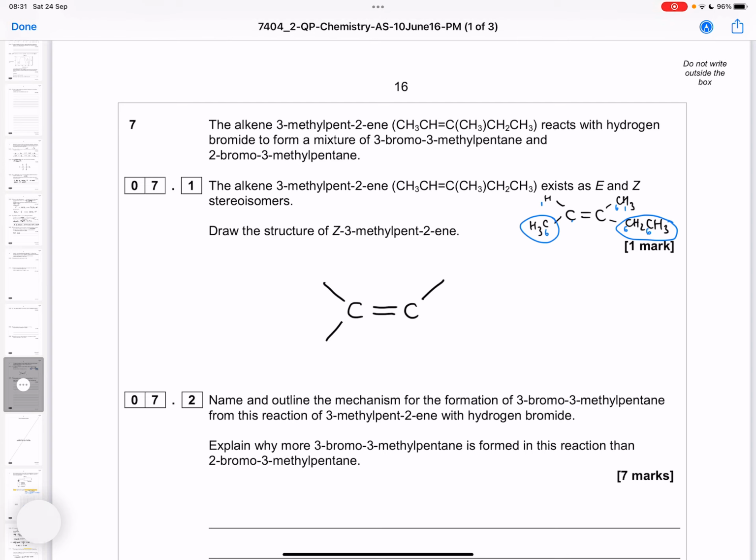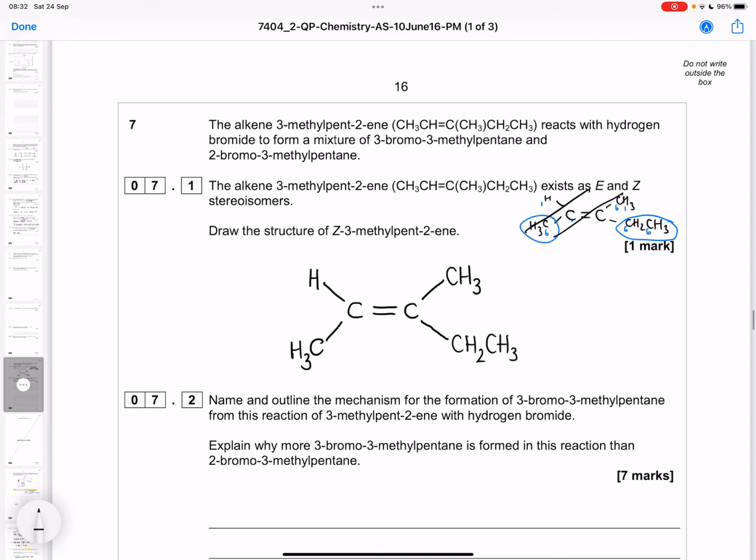On my left hand carbon I've got a hydrogen and a methyl group, and on my right hand carbon I've got a methyl group and an ethyl group, and I've got my ethyl group and my methyl group on the bottom here on the same side of the double bond, and therefore this is the Z isomer.